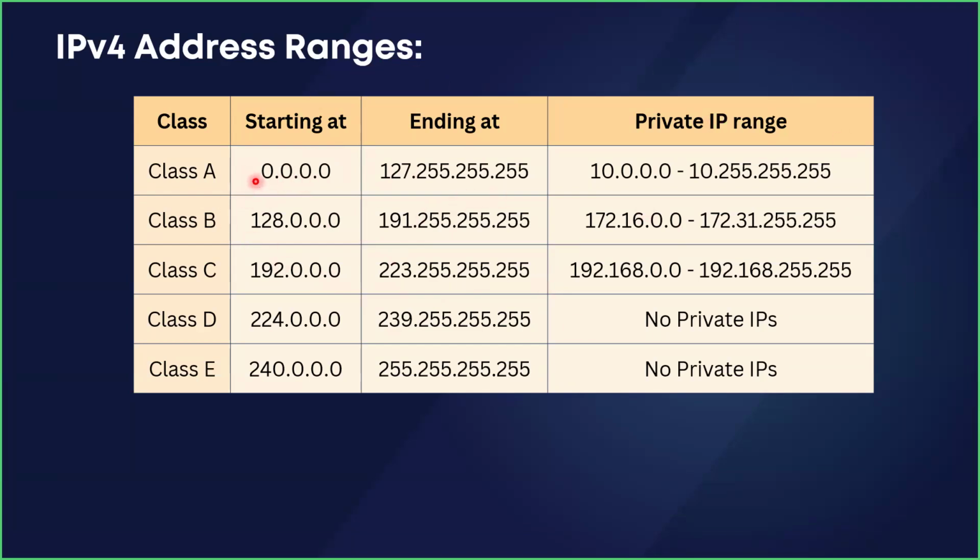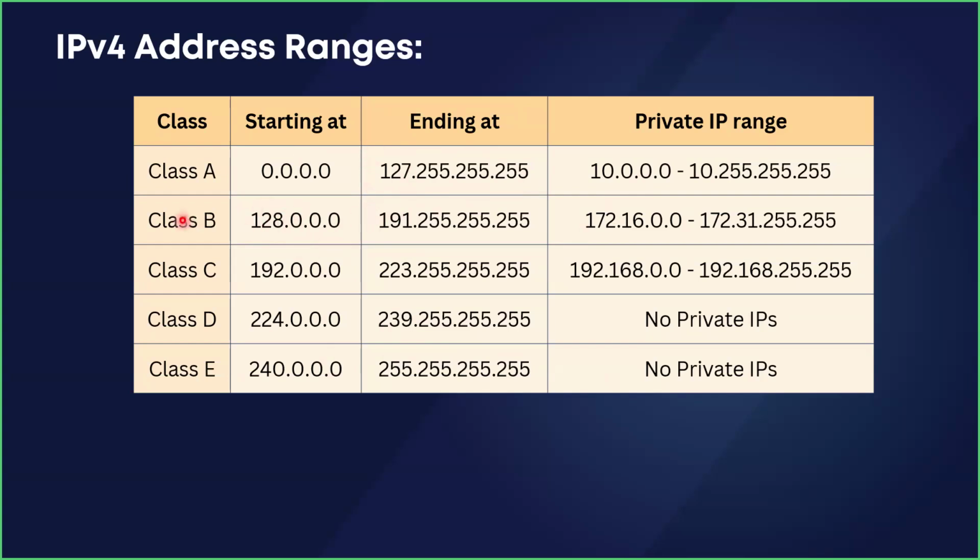So class A starts at the first IP 0.0.0.0 and it goes up to 127.255.255.255. So you have to remember these ranges, guys. It's very important. I'll be sharing this document to you. You can memorize it. And since it's ending at 127 and the remaining three octets are 255s, what would the next IP be, guys? 255s cycle back to zero, and this 127 increments by one.